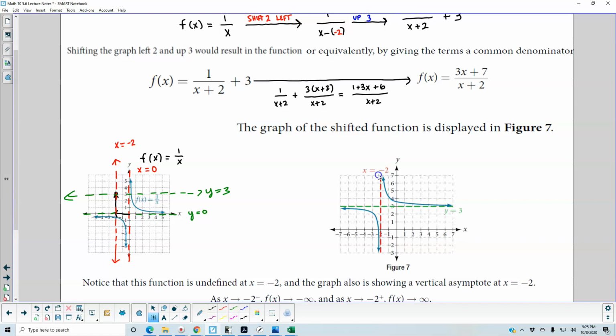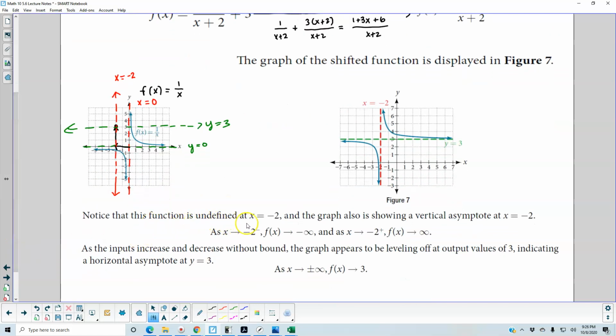So here we have our vertical asymptote at x equals negative 2, and our horizontal asymptote at y equals 3. Notice that this function is undefined at x equals negative 2, and the graph is also showing a vertical asymptote at x equals negative 2.